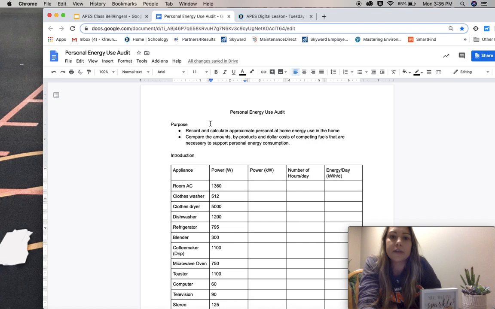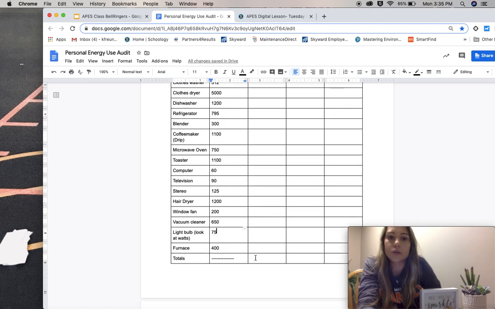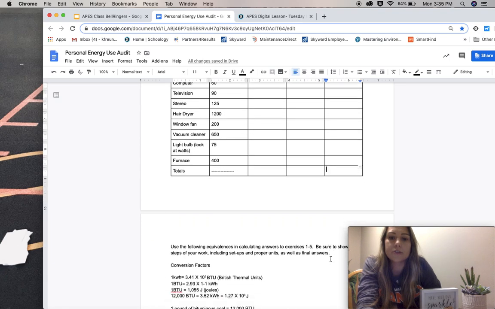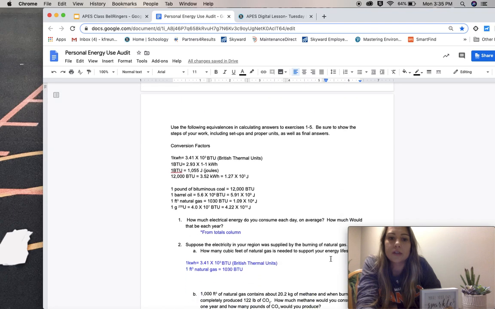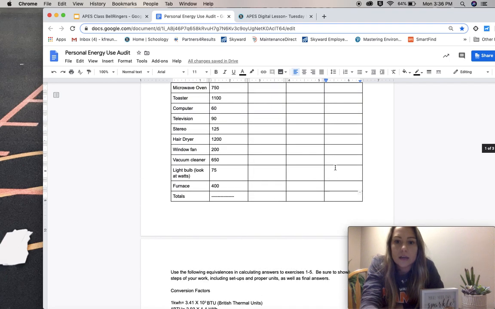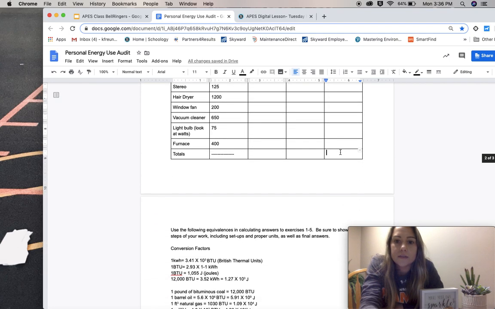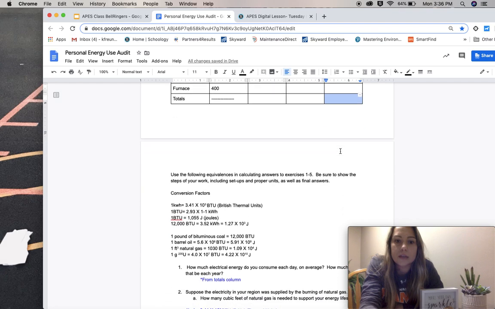You should have filled out the energy use audit table, and you should have gotten your totals at the bottom here. Our first question is, how much electrical energy do you consume each day on average? How much would that be each year? You're going to want to look at your total from this column, energy per day.